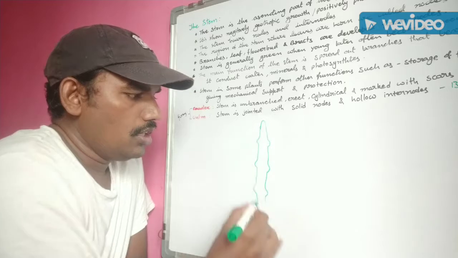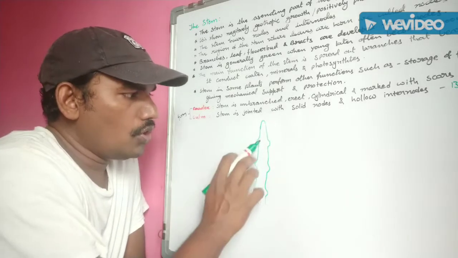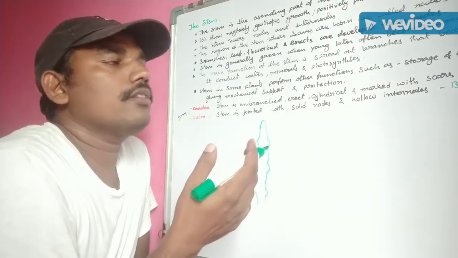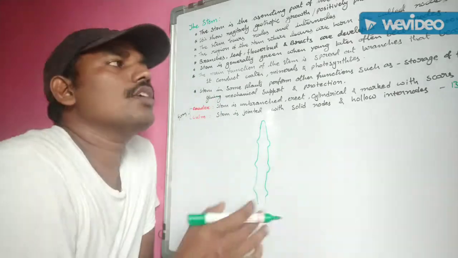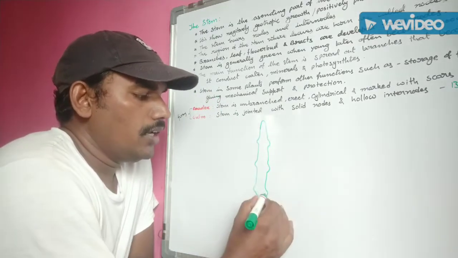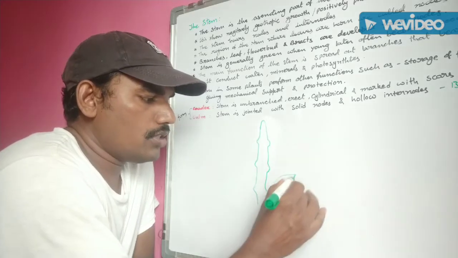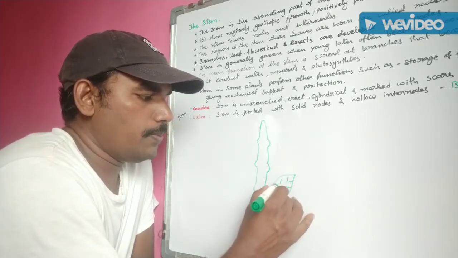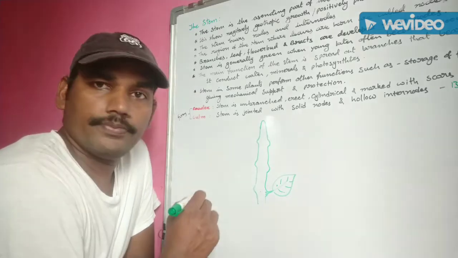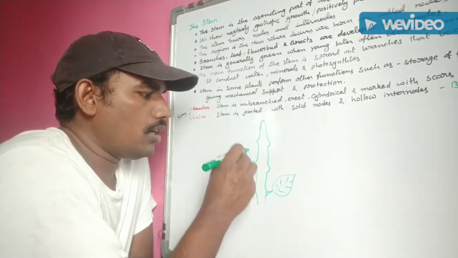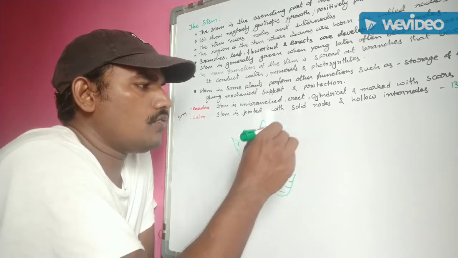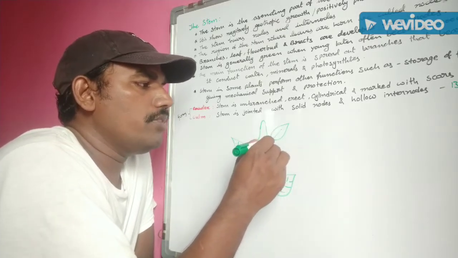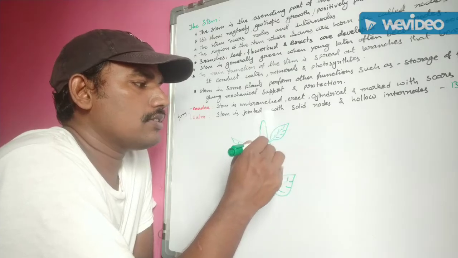Suppose a leaf is borne in this place, so this one is the node. The leaf is borne in this place, so this is a node. In this way, the nodal region bears leaves.